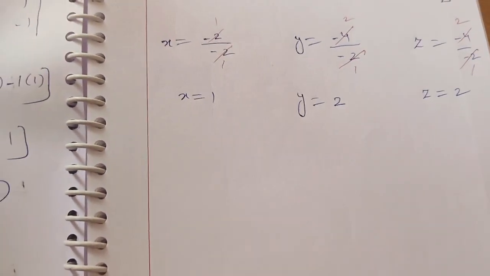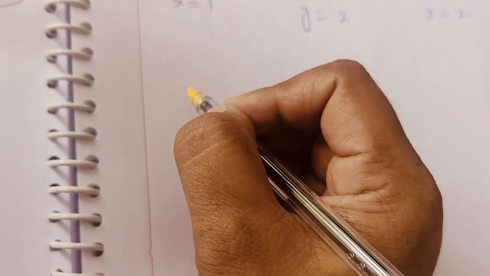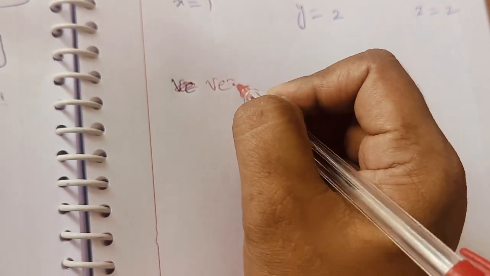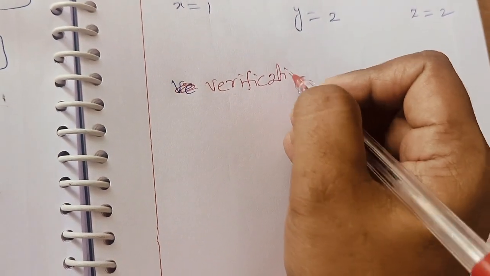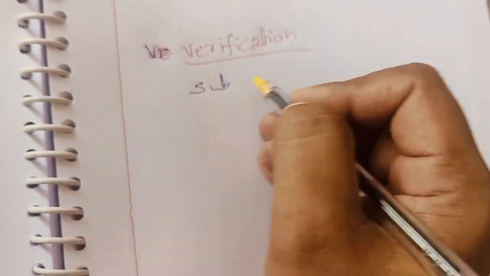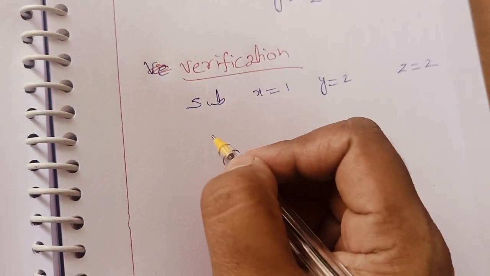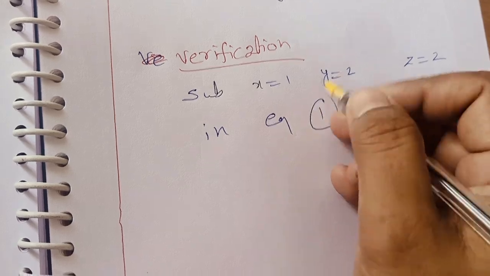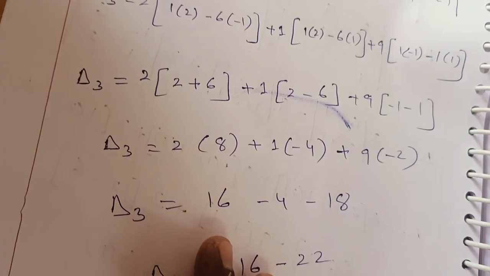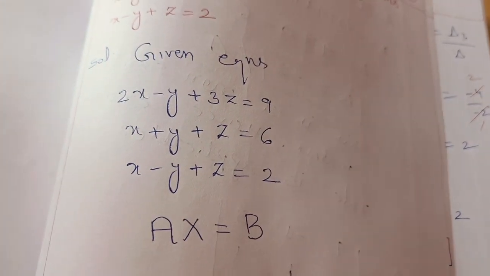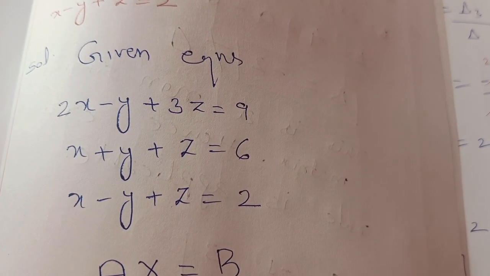Now we will do the verification part. Substituting x is equal to 1, y is equal to 2, z is equal to 2. We can take any one of them, either equation 1, 2 or 3.